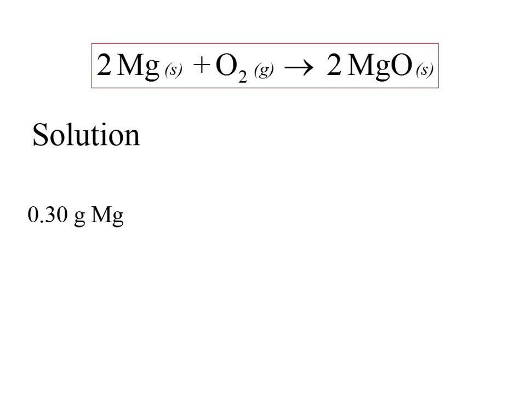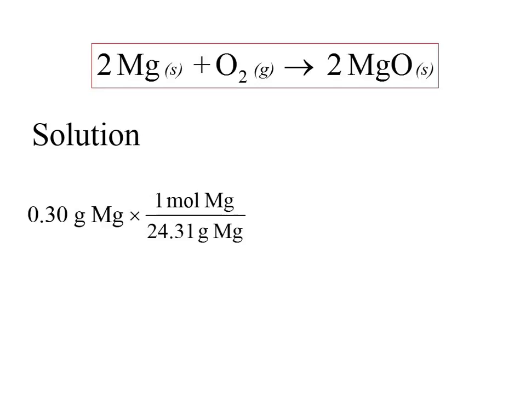So I need to use 24.31 somehow, but remember that's 24.31 grams per 1 mole. So I'm going to have to flip it, aren't I? So the next term is going to be 1 mole of magnesium over 24.31 grams magnesium.